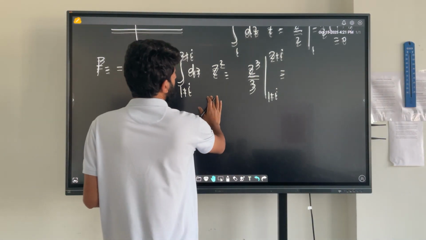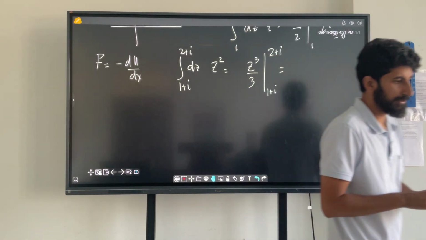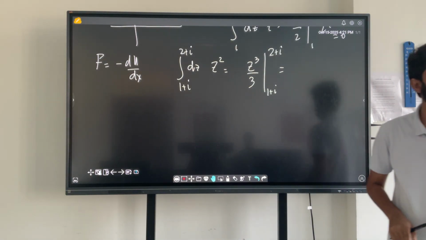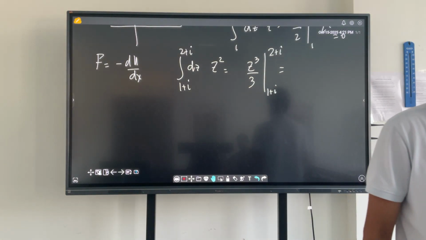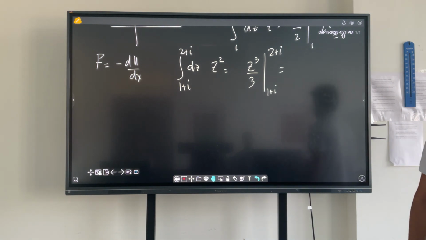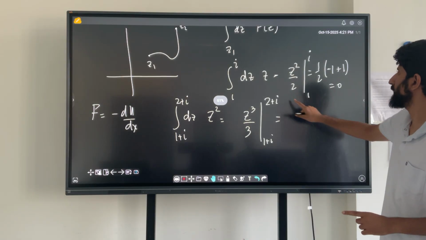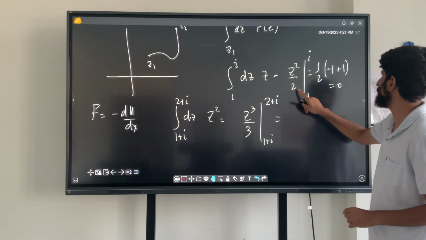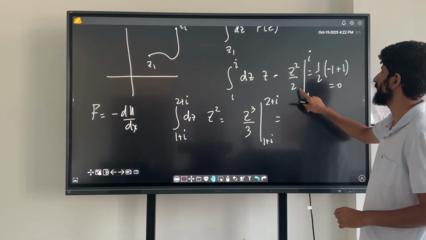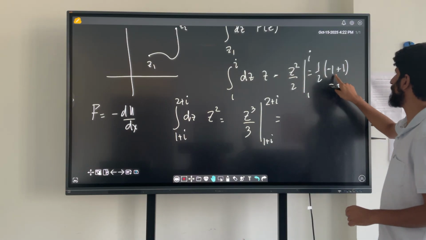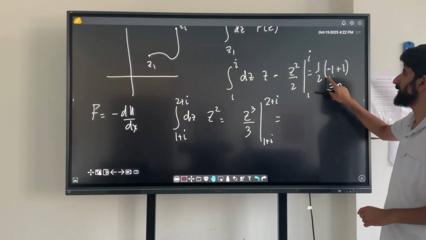Good. So now we learned that... did I mess up something? I think so. We made the integral wrong from minus 1 to iota. This is z square by 2, right? Minus the lower limit, minus 1.